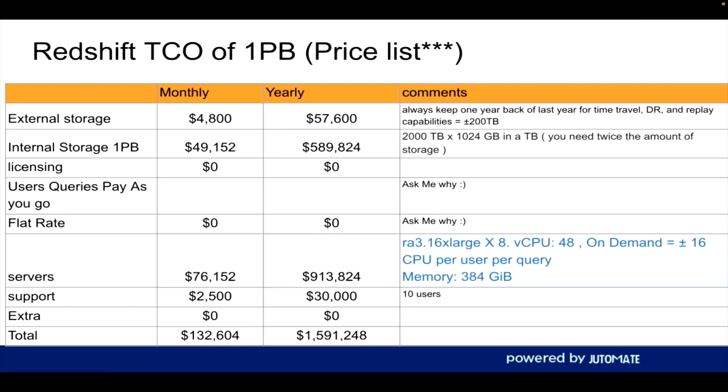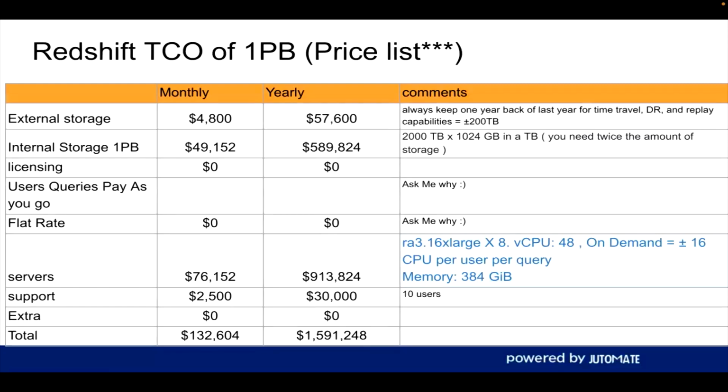Does it make sense? I know you're very happy you mentioned it. This is because of the ask me why question. What you're saying is essentially, let's keep the data on S3 and use Redshift Spectrum, pay as you go, and run queries on top of S3.